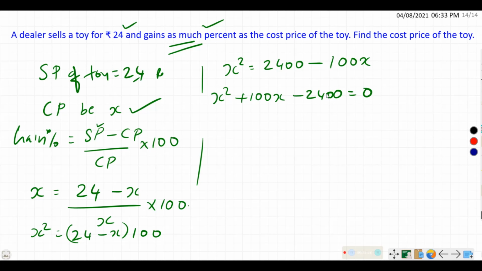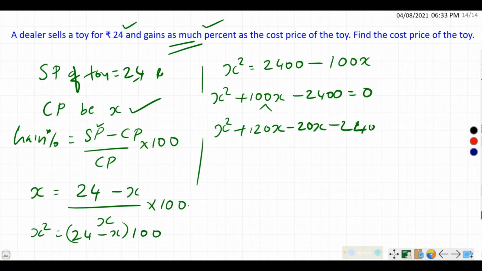Now it has come in terms of our equation. We will find out a way, either this way or that way we have to solve, either split the middle term or apply the formula or use any kind of common expansion, something like that you can do. But here you can see that 100x in 2400.